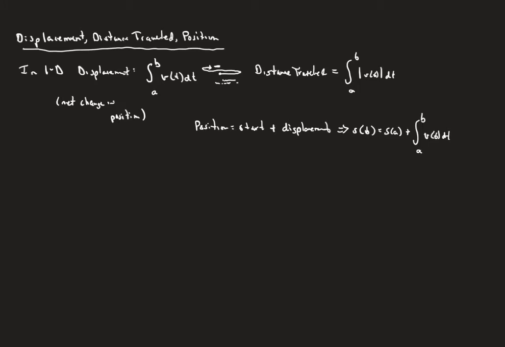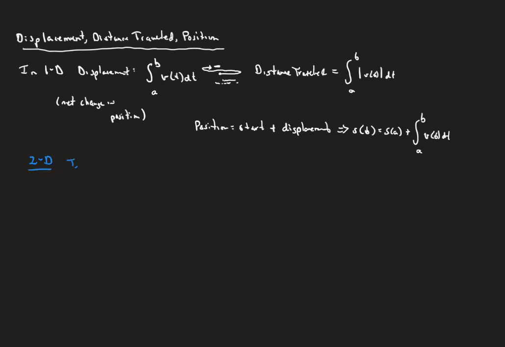So these are 3 things that come up in particle motion in Calculus AB that are easy to get confused or mix up, and we're going to look at the same kind of things when we do it in 2 dimensions, whether we're considering this to be parametric functions or vector functions. It's pretty much indistinguishable.